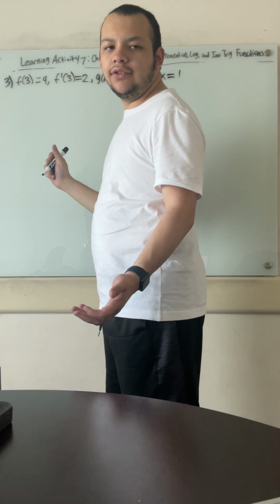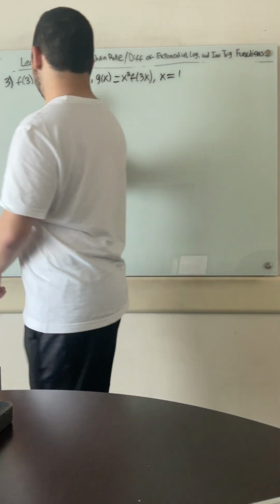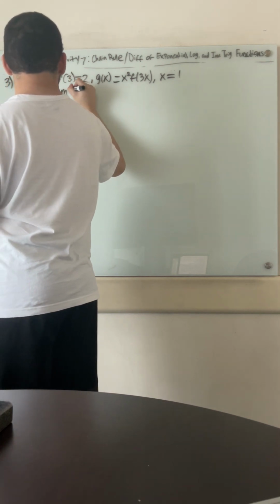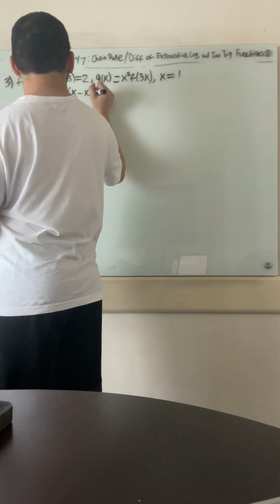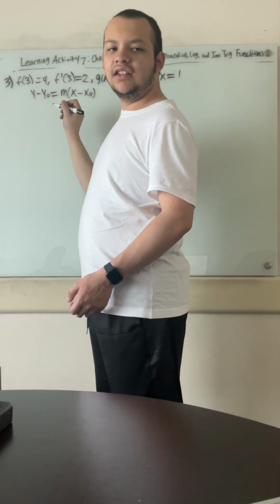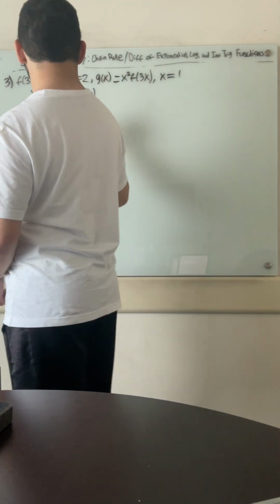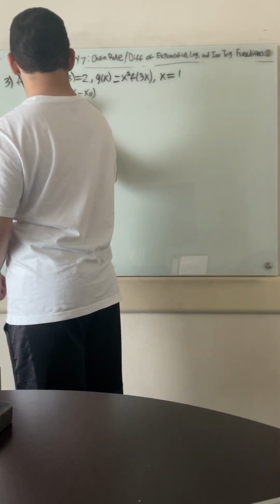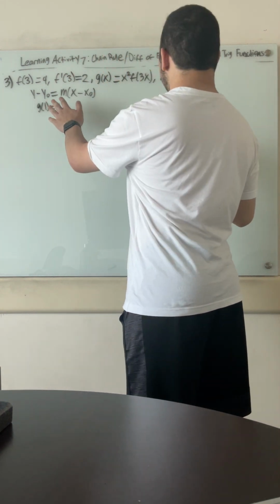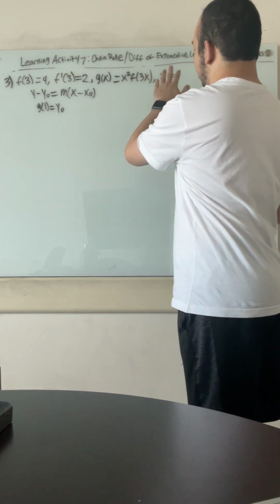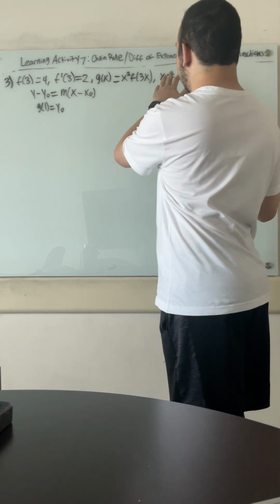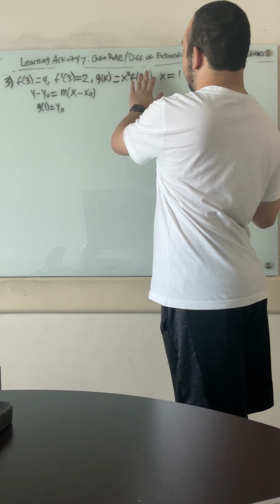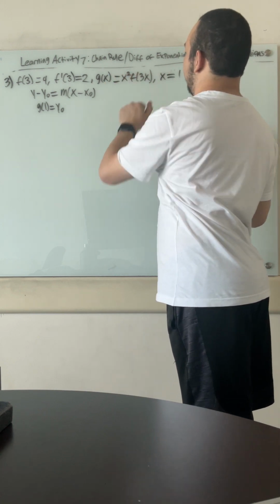So as you know, the general equation for this is y minus y sub 0 is equal to m times x minus x sub 0. So our y0 is going to be our g of 1. The reason I say g of 1 is because we're given that the point where we have to evaluate the equation of the tangent line is equal to 1. So what we're doing essentially is we're just going to plug in 1 for wherever there's an x with respect to this function right here.